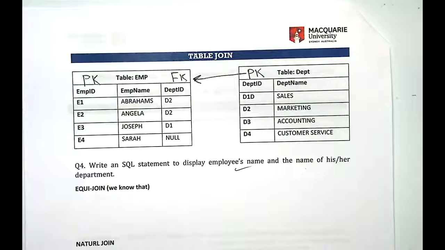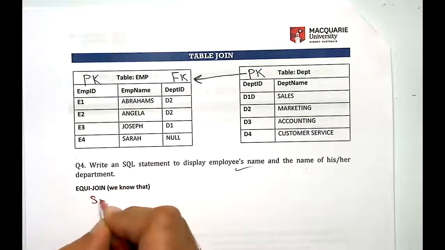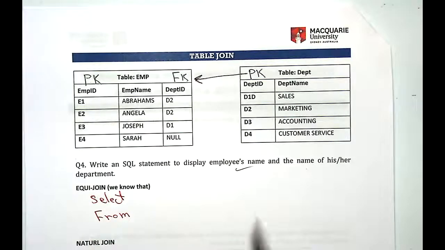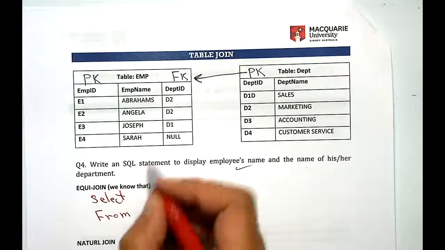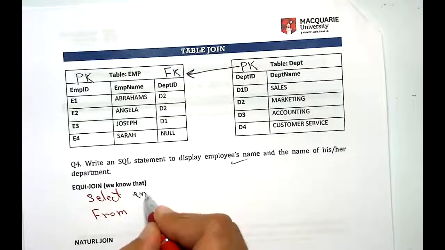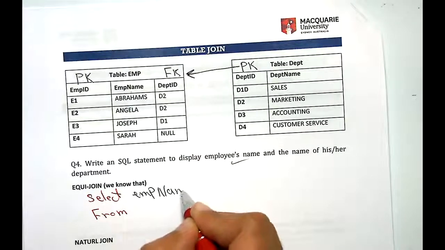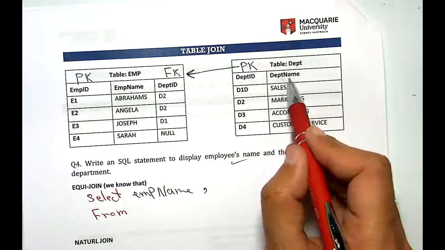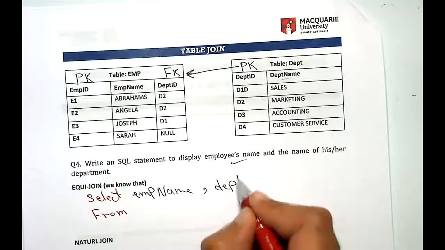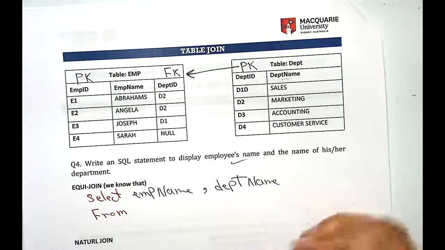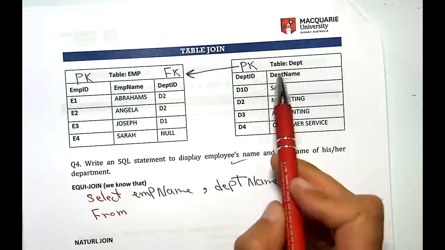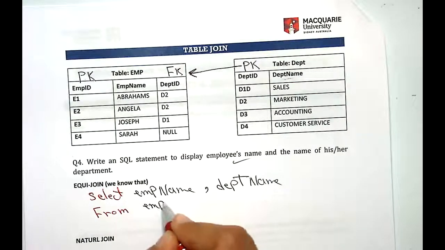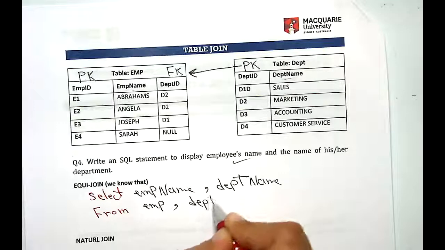We are going to write something like SELECT ... FROM. I'm going to display the employee name, so SELECT emp name, and his department name, comma, department name, dept name. These two fields exist in two different tables, so I need to join them. So FROM emp comma dept.